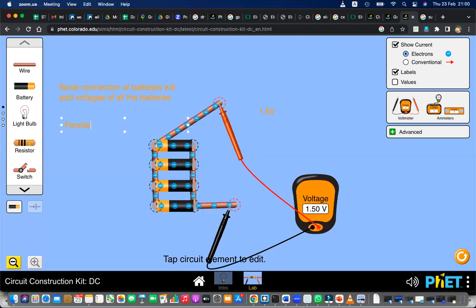Parallel connections of batteries will not add. This you need to remember. Serial will add, parallel will not add.